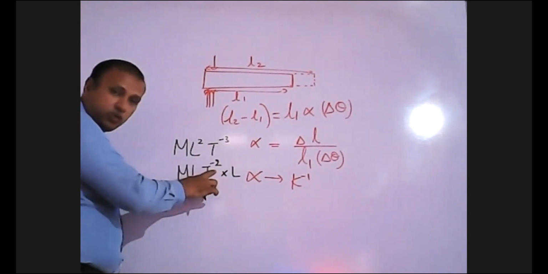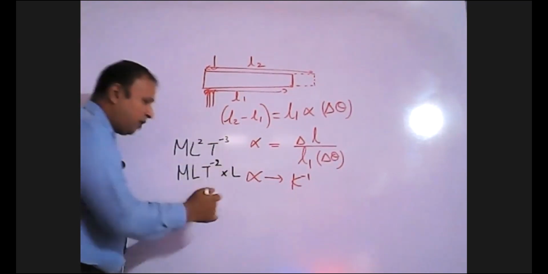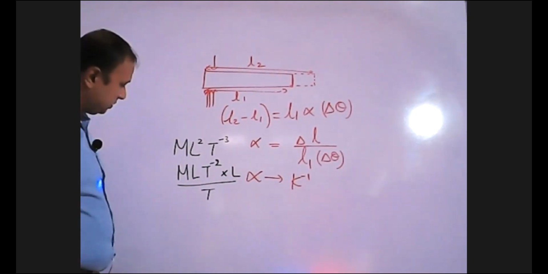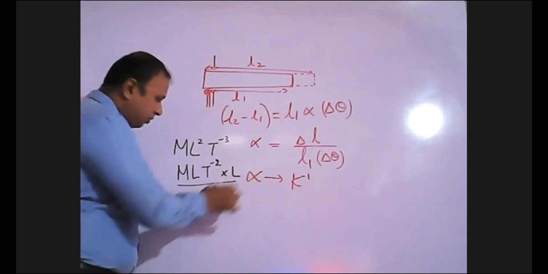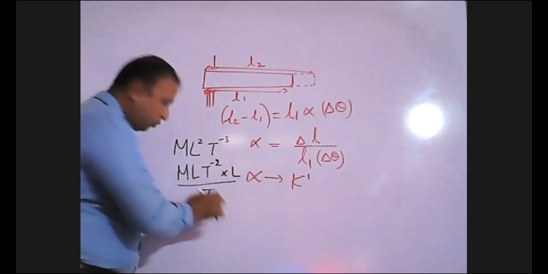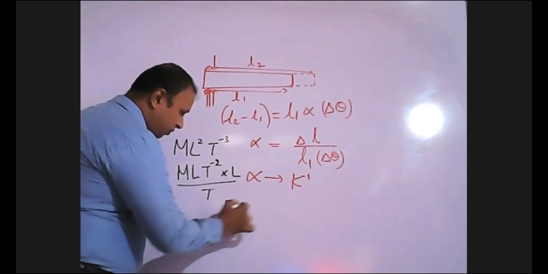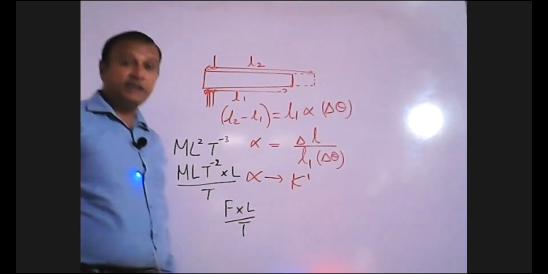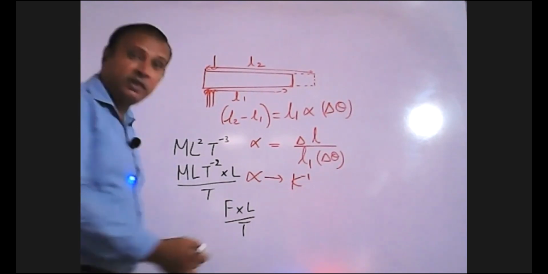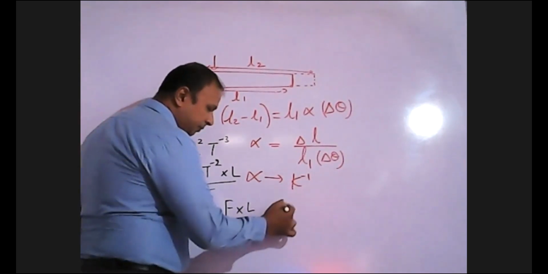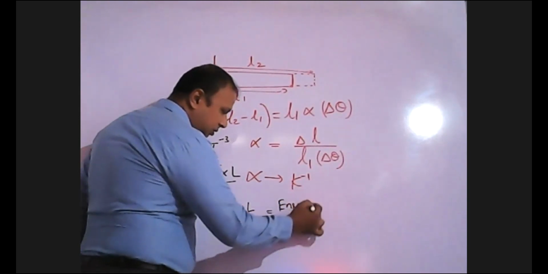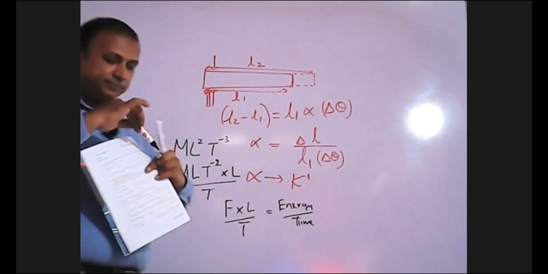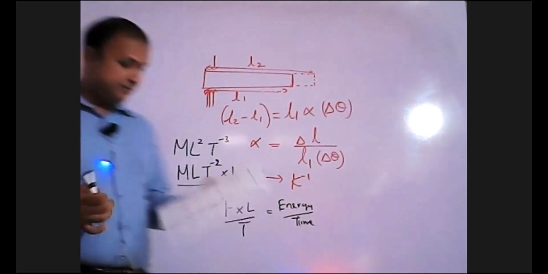If I extract T minus 2, there should be another minus 1, so that should be divided by time. So force into length over time. Force into length means energy. Energy over time means power. It is power.